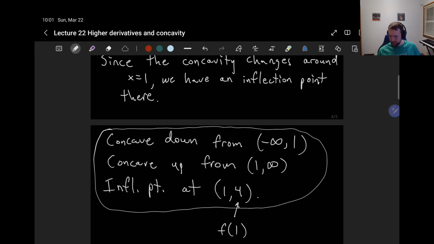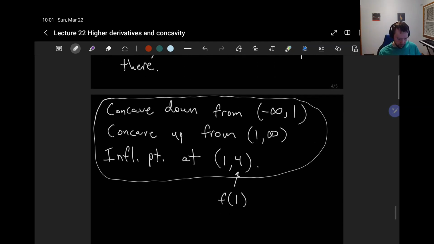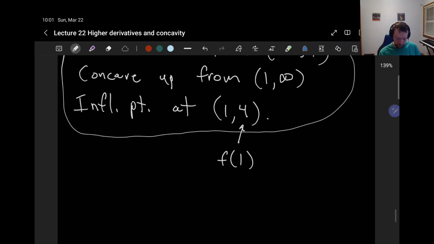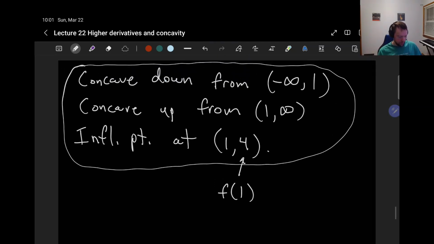So concavity and inflection points, it all boils down to that second derivative. Now, a really nice feature of second derivatives is that they provide another test for us to find relative extrema, that is, a local maximum or a local minimum.